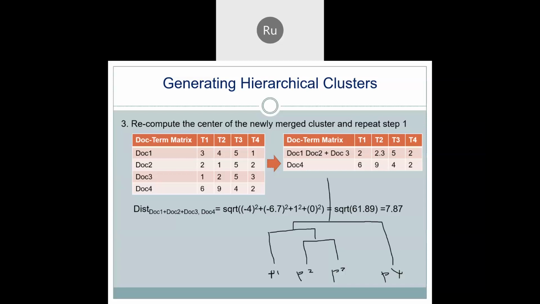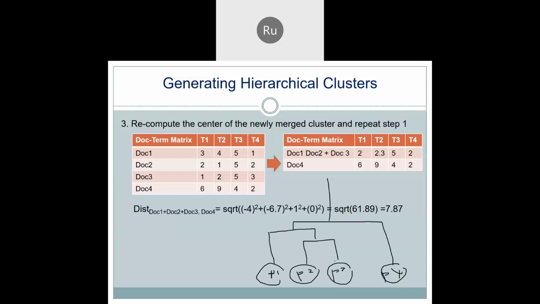Okay. So if you look at the pattern here, this is what we call hierarchical clustering. You merge one cluster at a time. Initially, each document is represented as an individual cluster. So we have P1 up to P4, individual clusters.